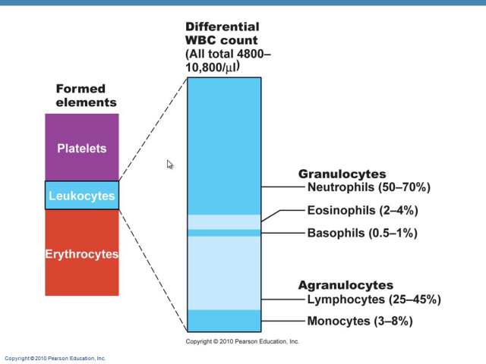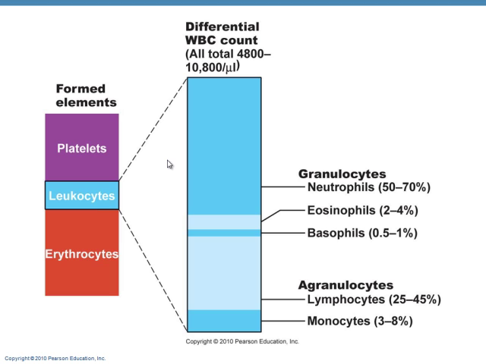But it can also cause a whole host of very serious problems. So polycythemia, too many red blood cells, can be a problem as well. So that's our red blood cells. Are we good? Bags of hemoglobin, anucleated, no nucleus.